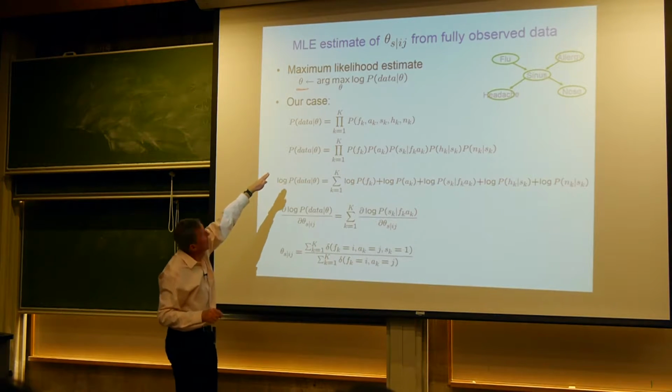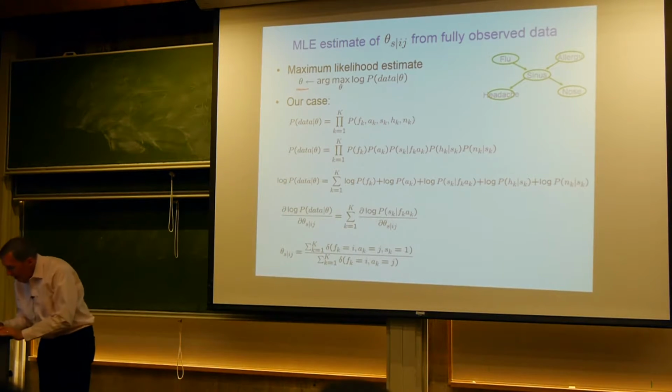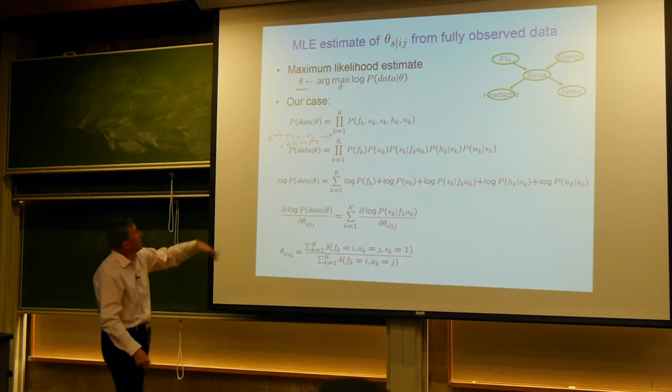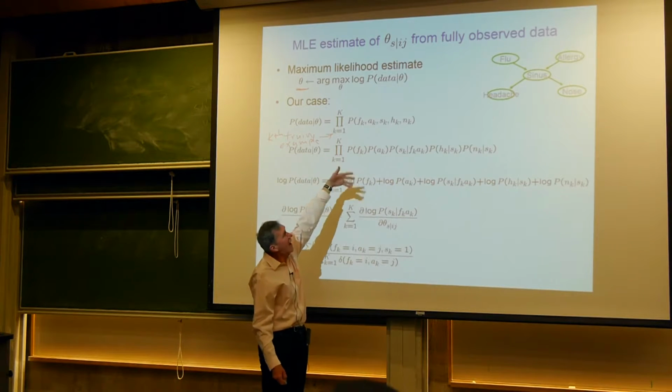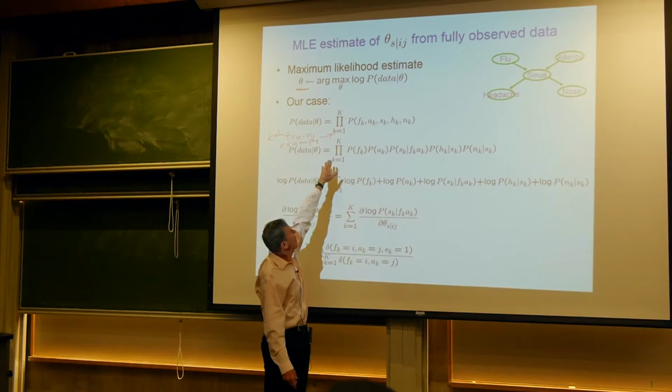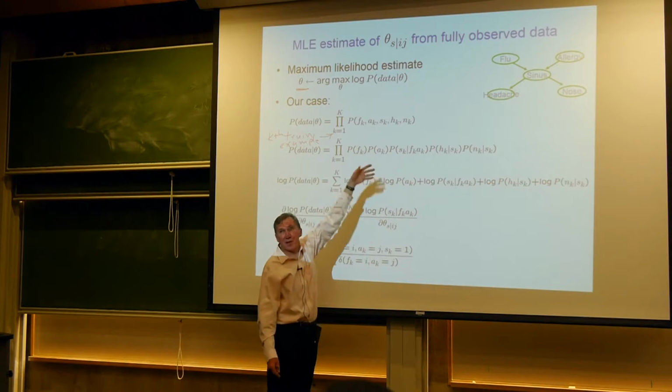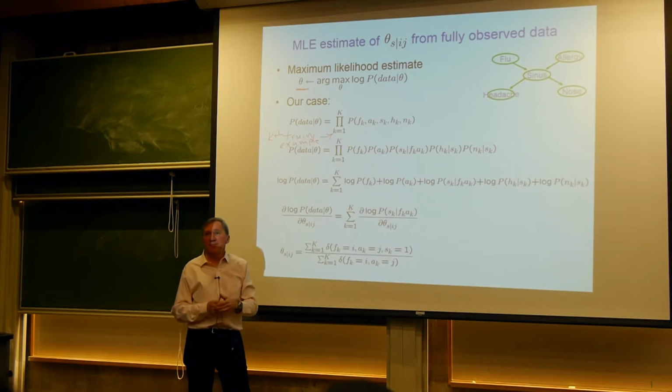And so if I just write out what that is, K is my kth training example. Then the probability of the data is just the probability of these IID training examples, the probability of each observed set of values.